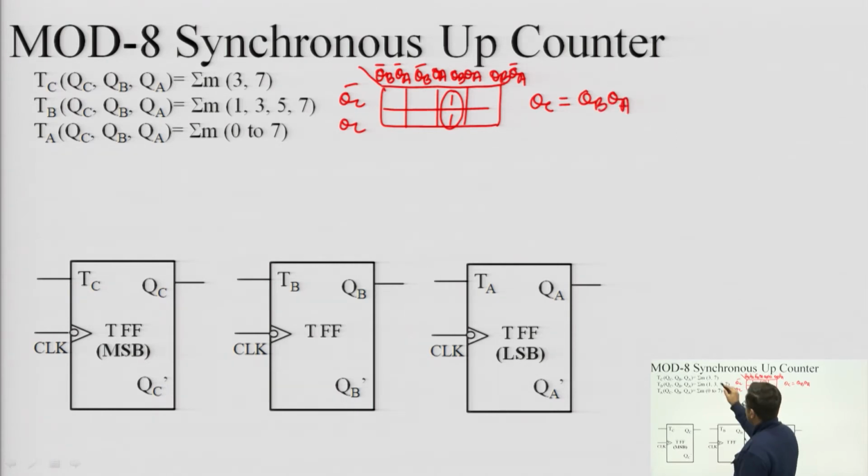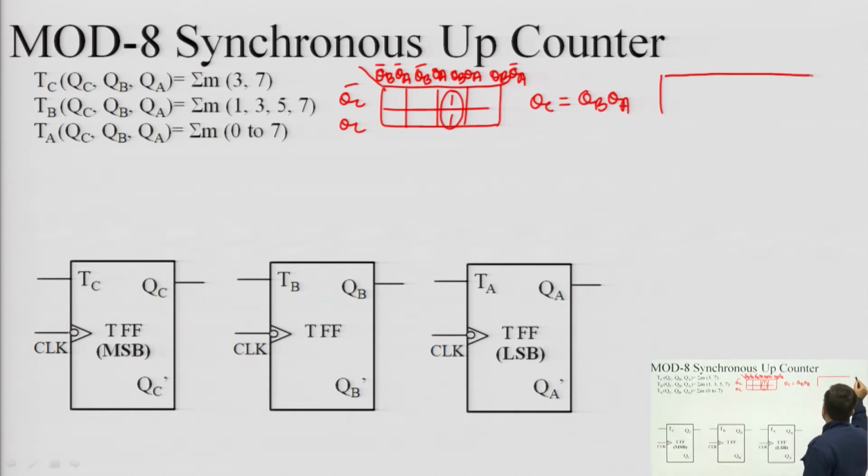Similarly, for the second K map, 1, 3, 5, 7, I am preparing another K map.